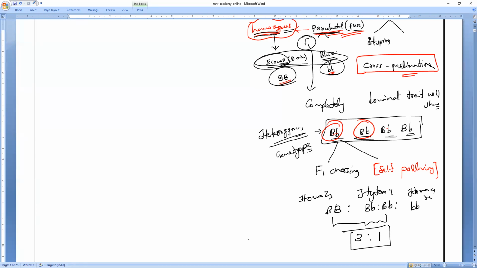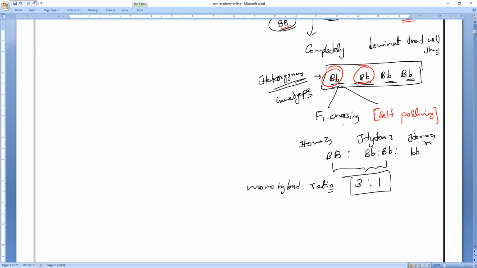This is called the simple monohybrid ratio. If they ask you to write the ratio of pure homozygous dominant, then the ratio is 1. Heterozygous is 2 and homozygous recessive is 1. So this is the exact ratio based upon the genotype of the plants.